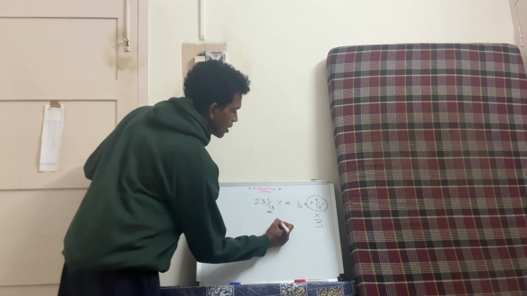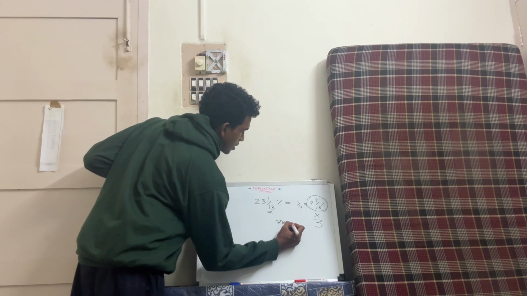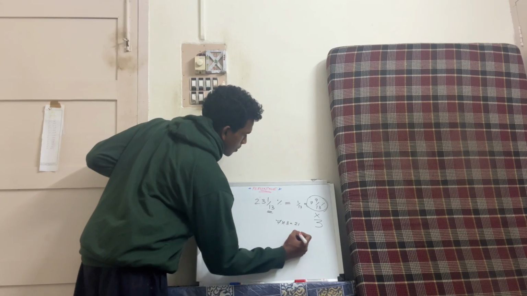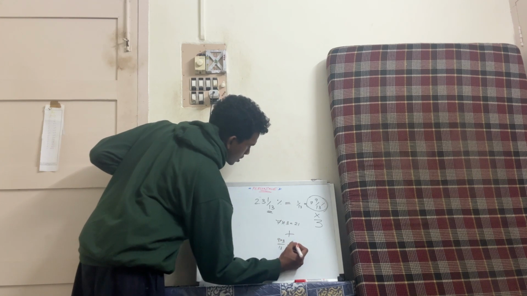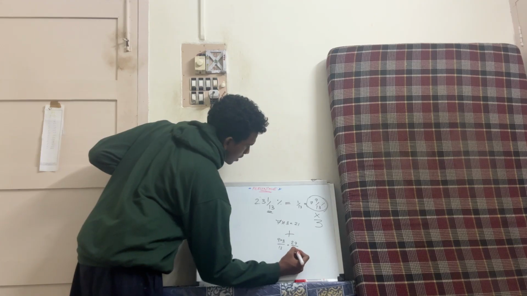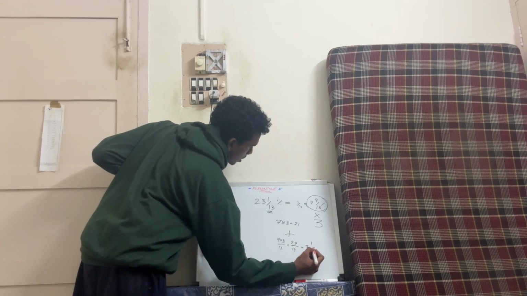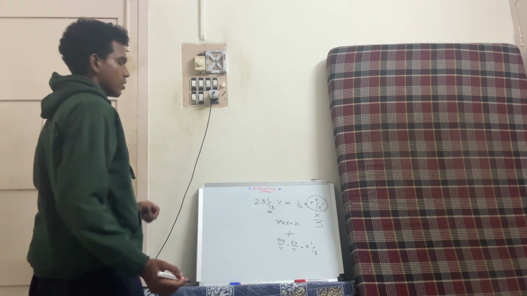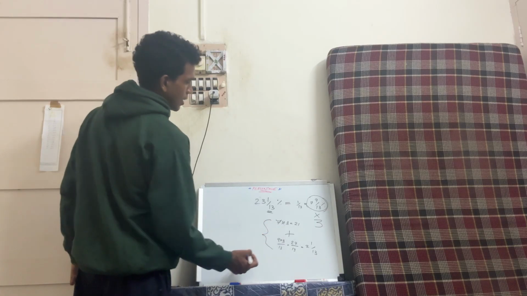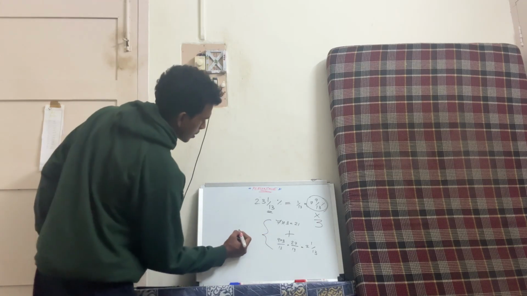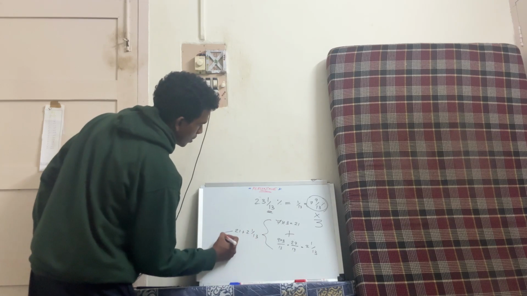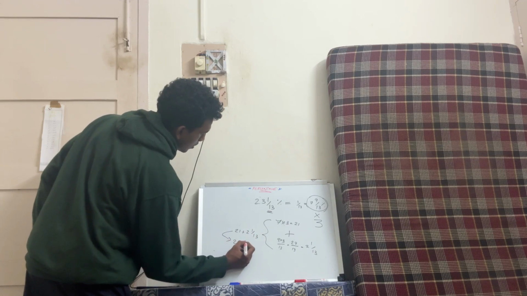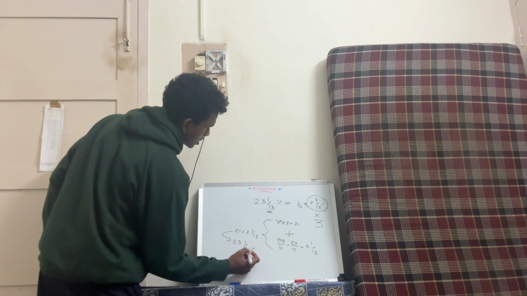That means 7 into 3 is equal to 21 plus 9 into 3 by 13 is equal to 27 by 13 is equal to 2 1 by 13. So when we add the output of both, that means 21 plus 2 1 by 13, we will get 23 1 by 13 percentage.